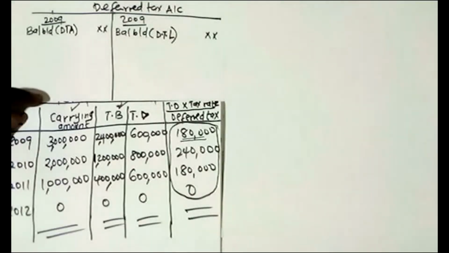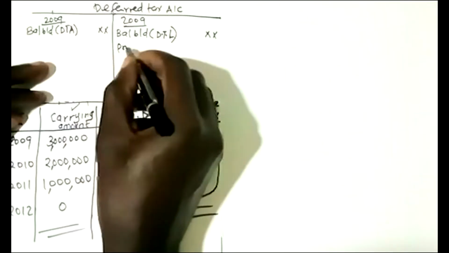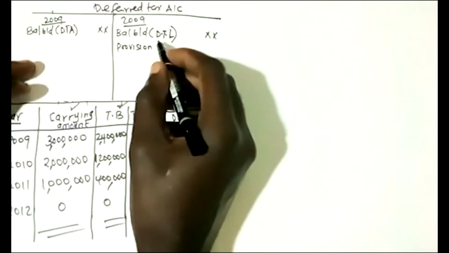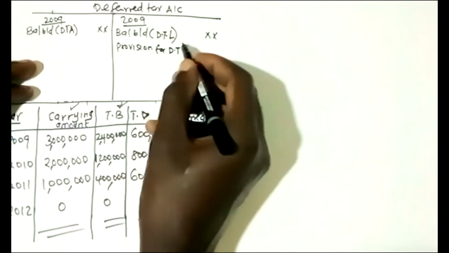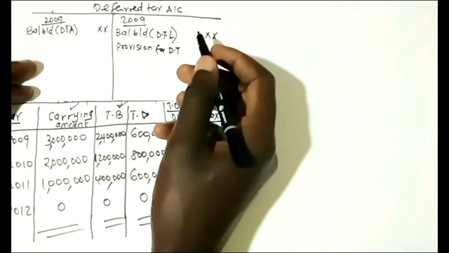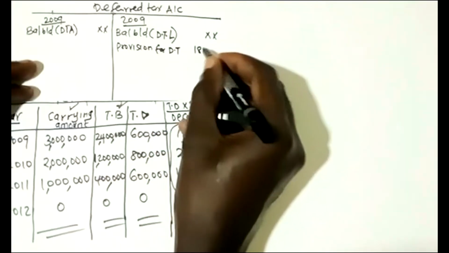That is the provision they made for the deferred tax. So the 180. So I can see just a provision for deferred tax, which is a deferred tax expense. So that is 180,000.